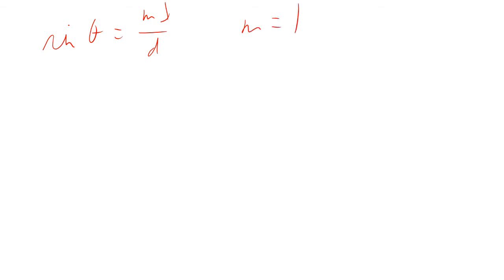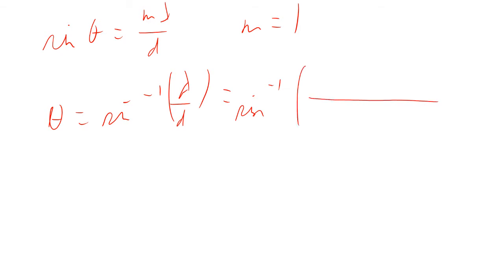So now, sine theta equals m lambda over d. Let's let m equals 1. So theta is going to be the inverse sine of lambda over d. So that'll be the inverse sine of 655 nanometers divided by 2.85 micrometers.